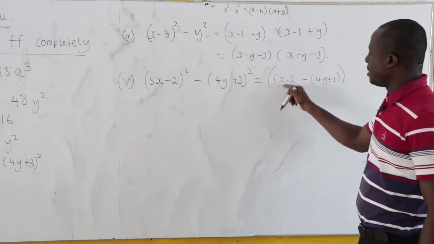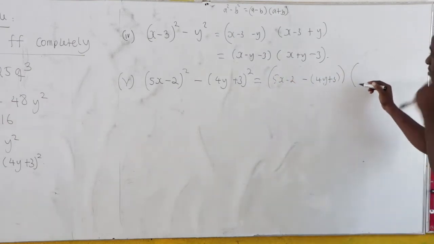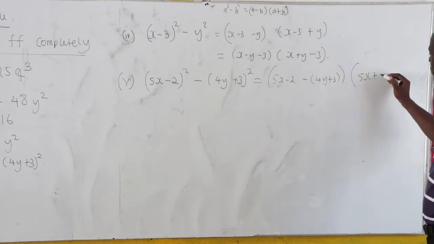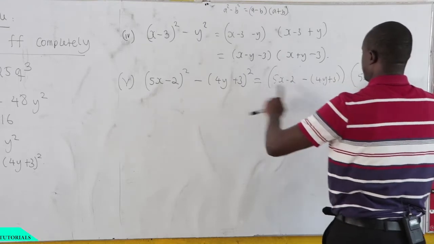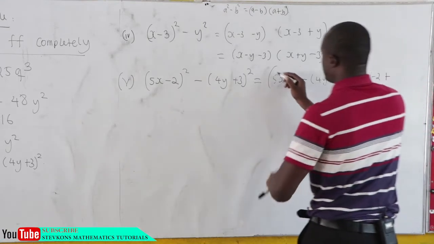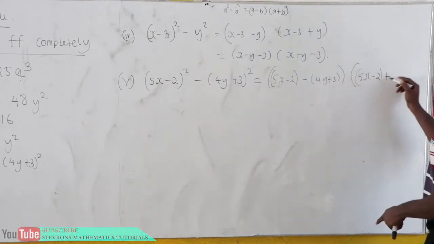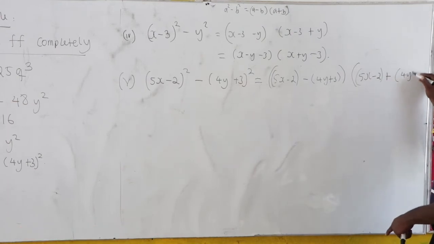This is our A minus B. And then A plus B: 5x minus 2, put in brackets, plus 4y plus 3 in brackets.